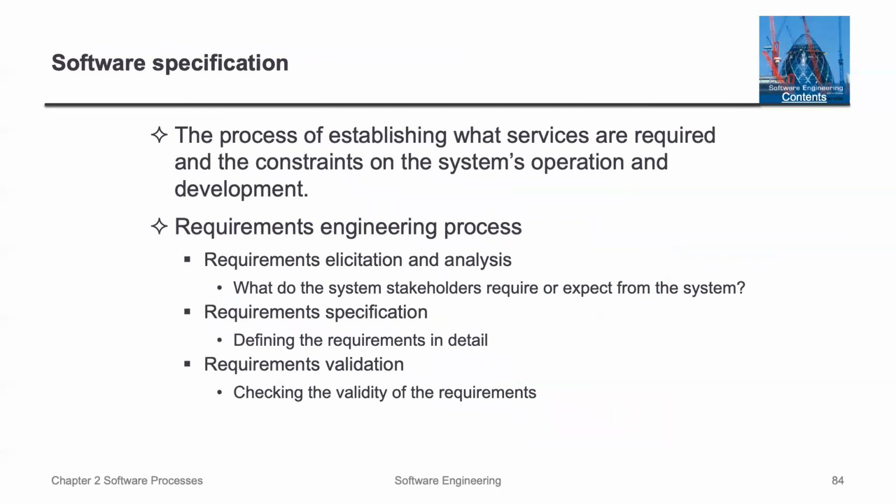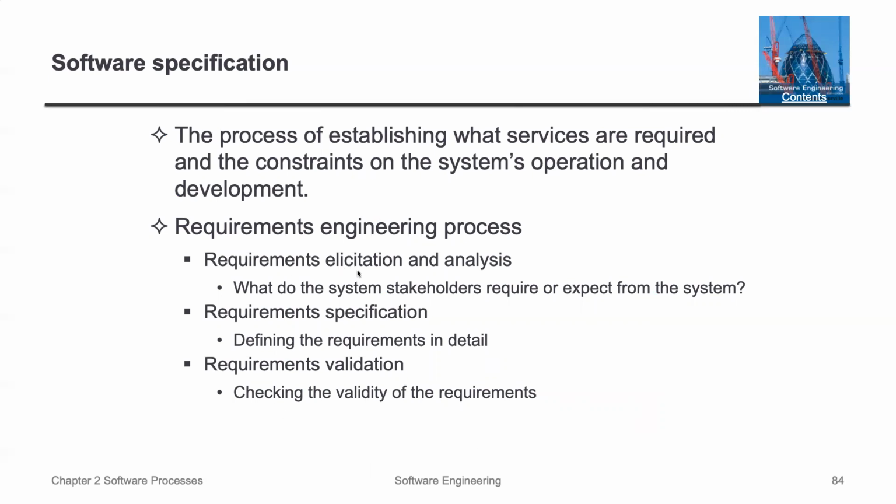So in terms of a software specification, we have the process of establishing what services are required and the constraints on the system's operation and development. And the requirement engineering process can have several elements. So there's elicitation analysis, there's requirement specification, and the requirements validation. So we talked about this on the last chart.